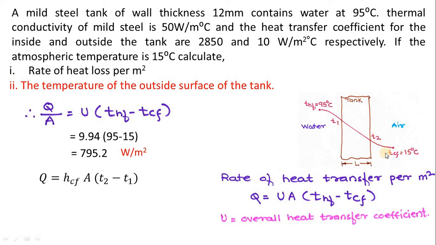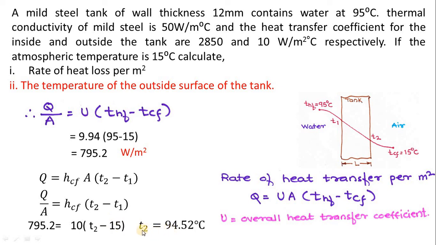So T2 minus 15 I have to take here. So I can rewrite this equation for Q upon A. Now here we know the value of HCF, Q upon A, and TCF, which is 15. So by this means I will get the value of T2, the temperature of the outside surface of the tank.